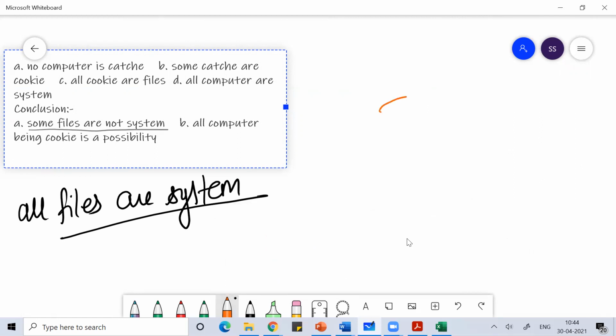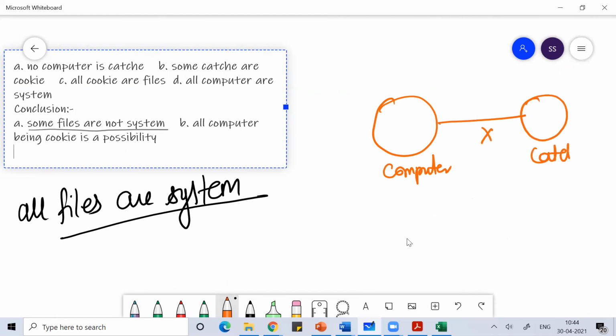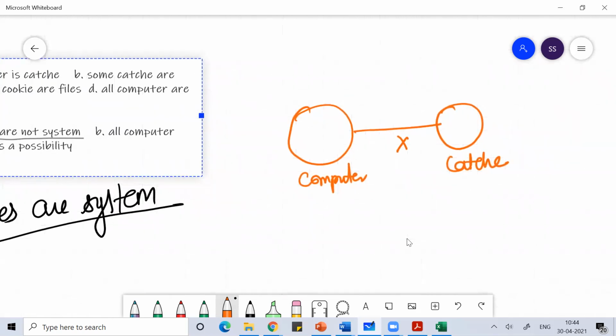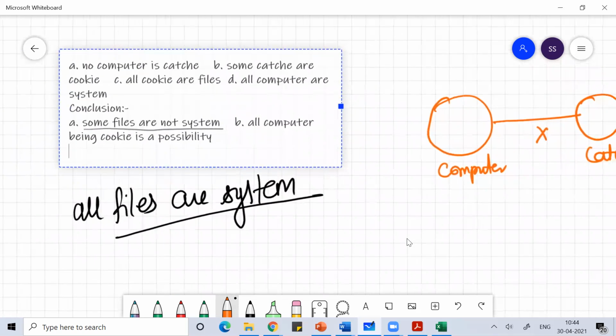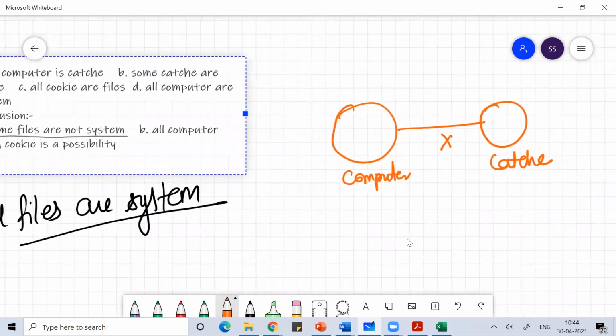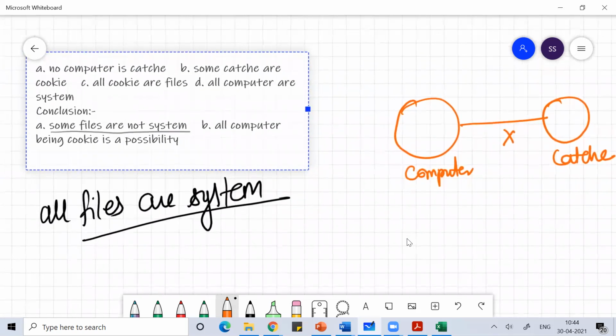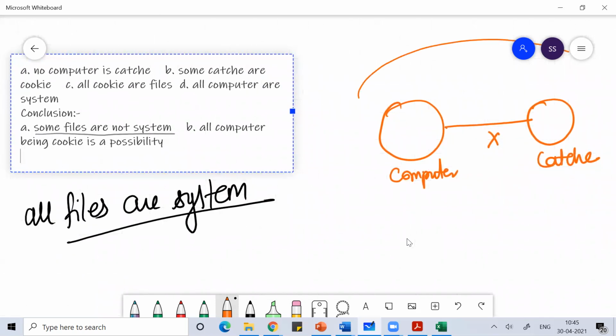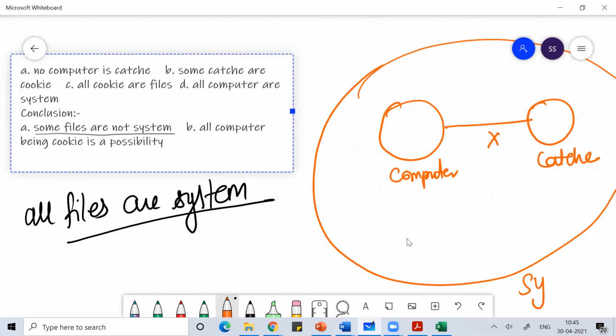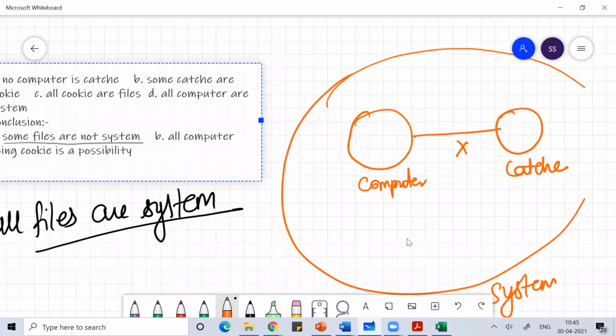So, computer: no computer is catchy. Some catchy are cookies. All cookies are files. All files are system. All computers are system. Like this, so this would be true.